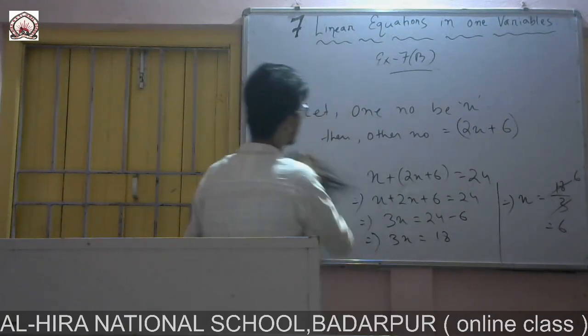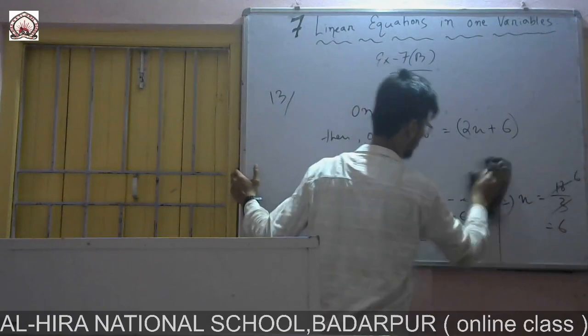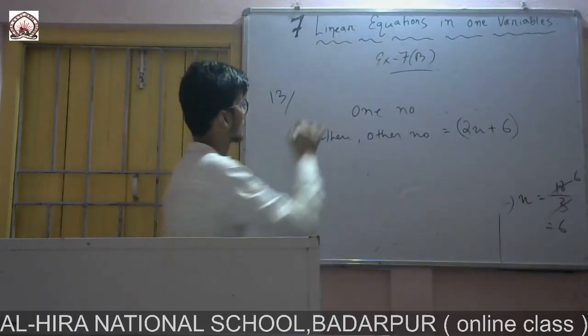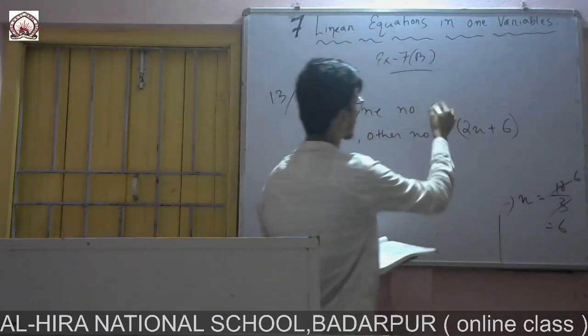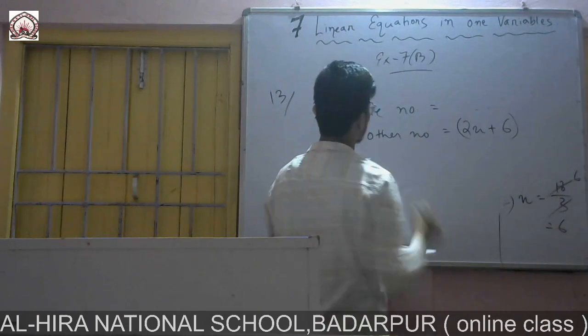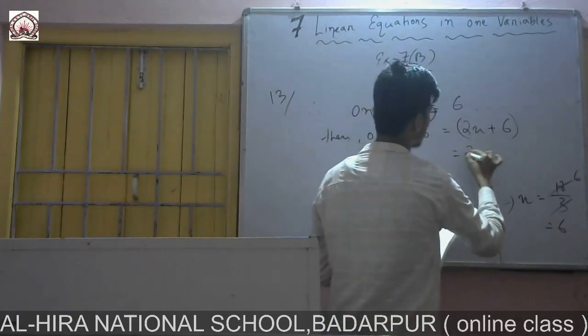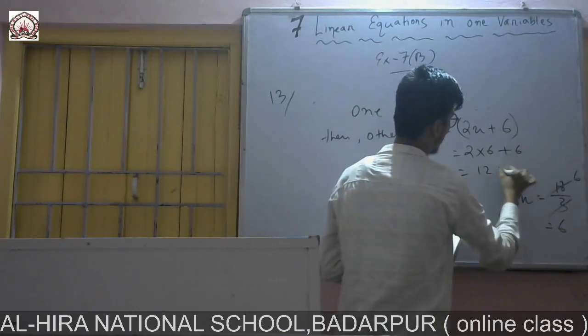So you write therefore one number is 6 and the other number is twice x plus 6. That means 2 into 6 plus 6. 2 sixes are 12 plus 6.